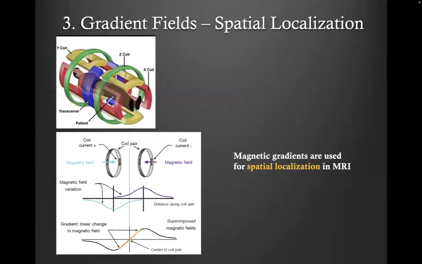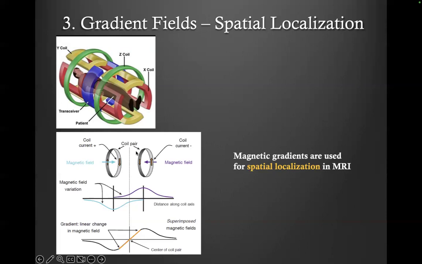Okay, gradient fields. I said gradient fields are used for spatial localization, and the simple gist of it is that electricity creates a magnetic field, and in turn, a magnetic field can also cause electricity. But here, think about two loop coils. A clockwise current in one loop is going to create a magnetic field, which is like this blue line.